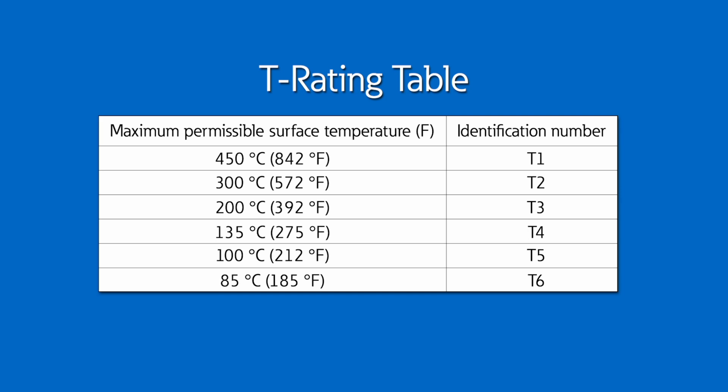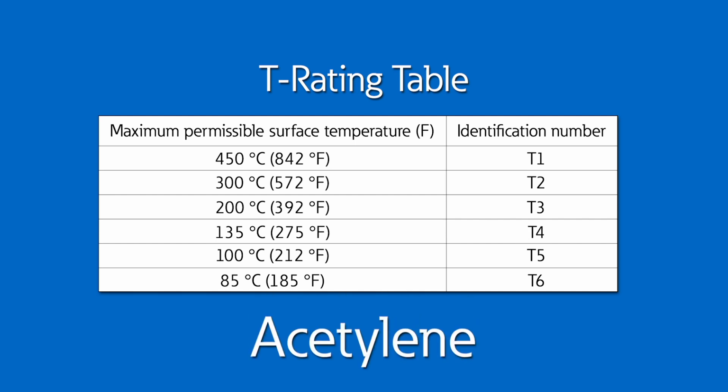For this reason, the NEC includes the T rating table, which identifies the maximum temperature that each electrical equipment can reach within the classified location. For example, the auto-ignition temperature for acetylene is 305 degrees Celsius. Therefore, according to the T rating chart, equipment in the environment must be rated T2 through T6.